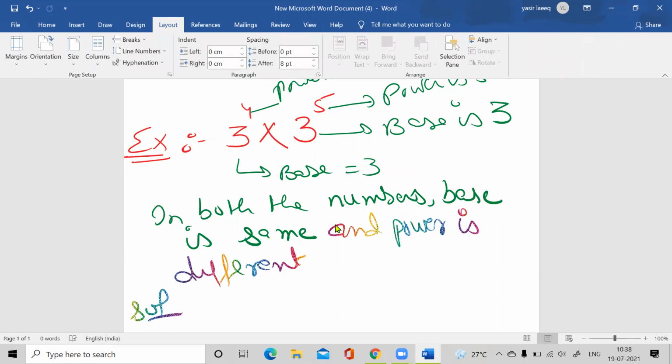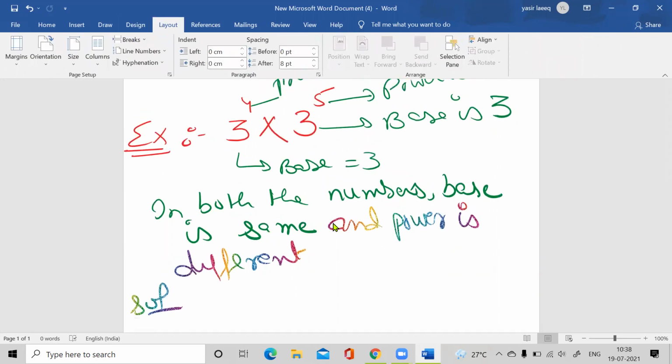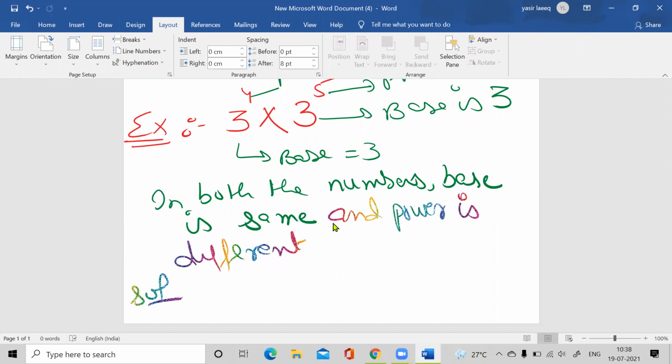For that we are just using the formula that we just add the power. Okay, base is same. We just add the power 4 plus 5. So it is your 3 raised to the power 9.